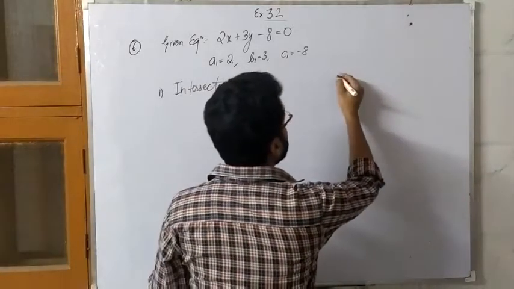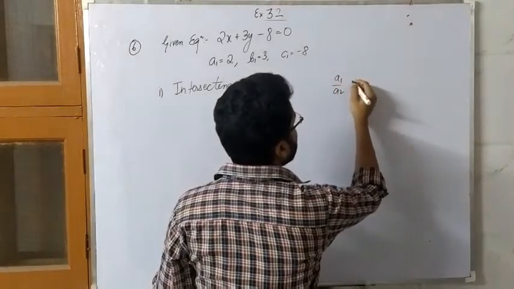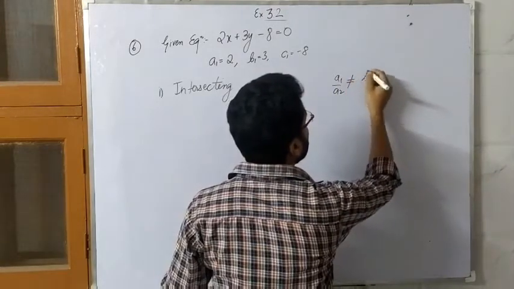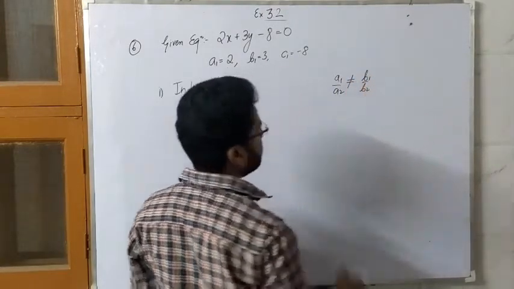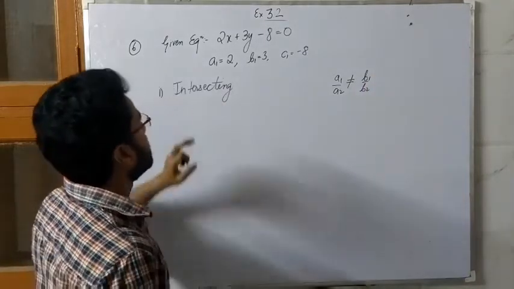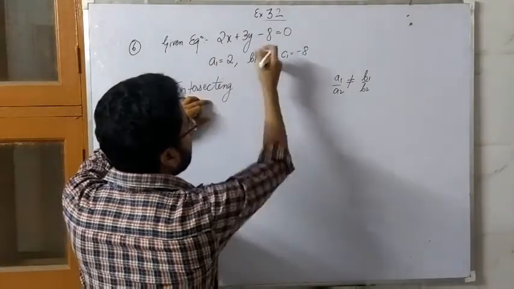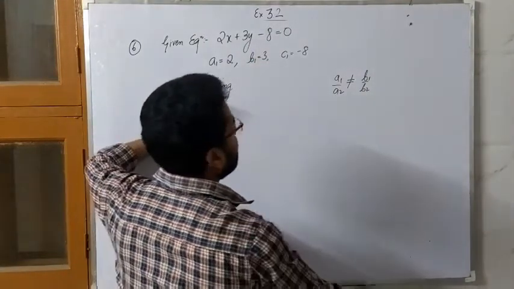Remember, what was the condition for lines to be intersecting? A1 upon A2 not equal to B1 upon B2, right? So that means whichever line we write here, its A1 upon A2 and B1 upon B2 should not be equal.